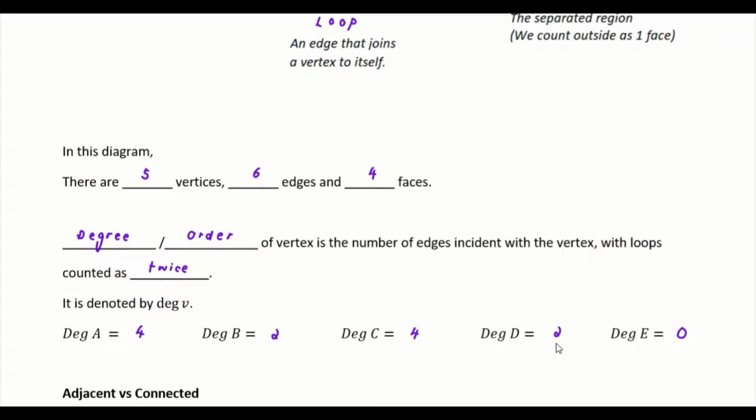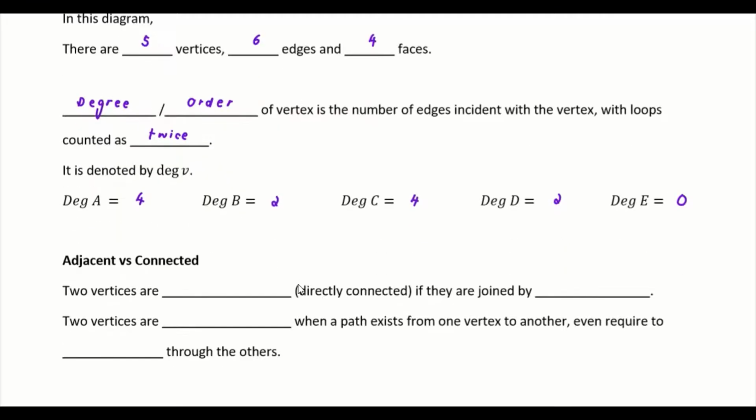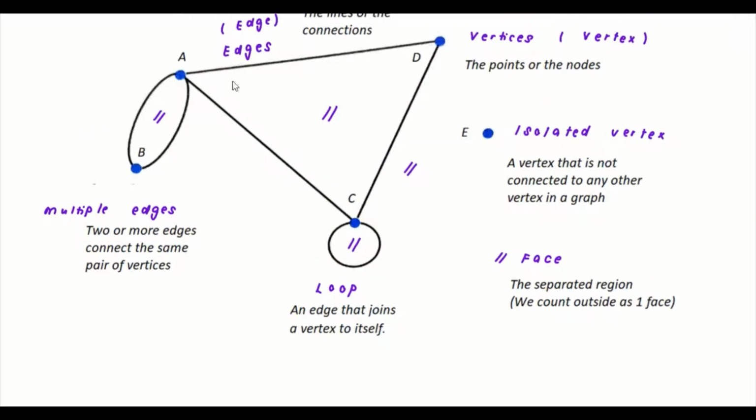Okay, so the last thing before we move on to the example is the idea of adjacent and connected. I know that in daily life, when we talk about connected, it actually means like A and D are connected to each other, D and C are connected to each other. But in graph theory, connected means reachable.